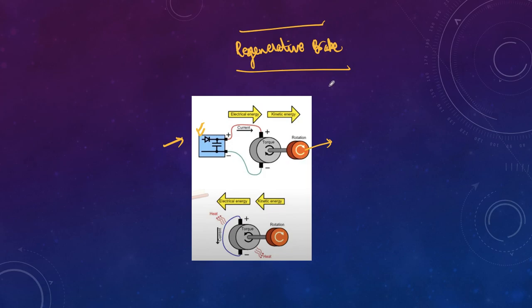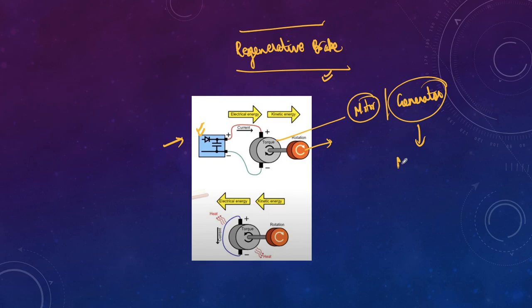But whenever we apply the brake with the regenerative braking system, there is a difference in function. Instead of functioning as a motor, the motor now acts as a generator. We know the purpose of a generator: it converts mechanical energy into electrical energy. When we apply the brake in electric vehicles, the electric energy is cut off from the system, but the excess kinetic energy keeps the wheel moving.